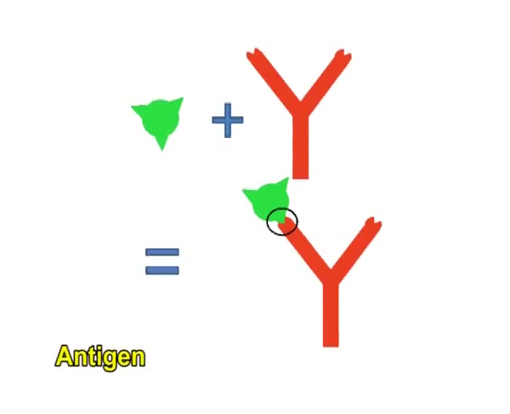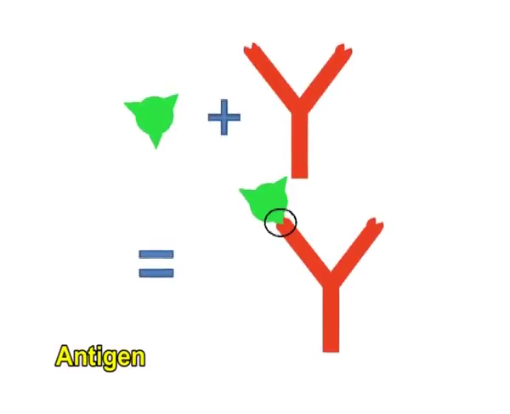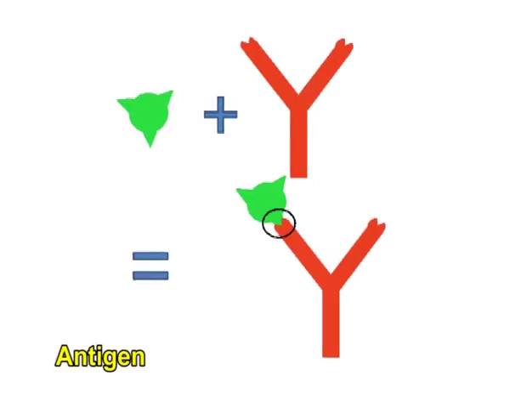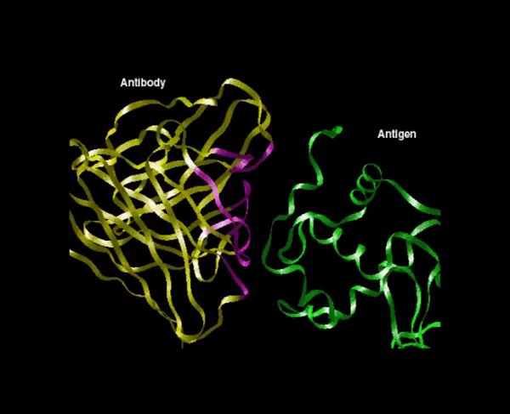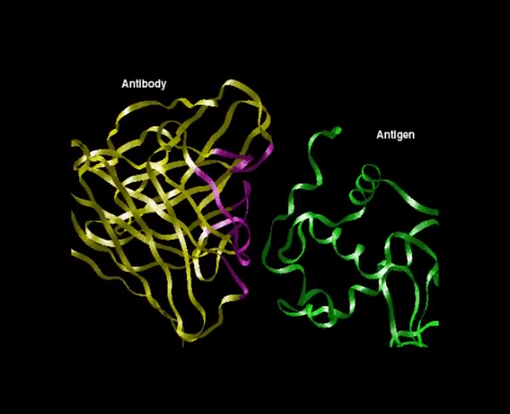An antigen is a molecule that binds to antibody-specific receptors but cannot necessarily induce an immune response in the body by itself. Antigens are usually peptides, polysaccharides or lipids.